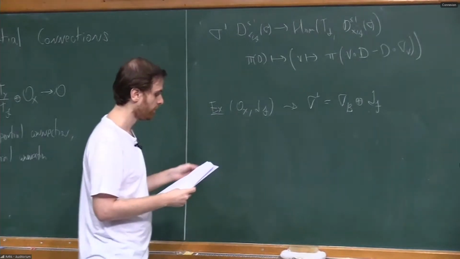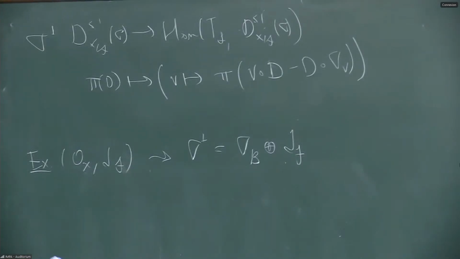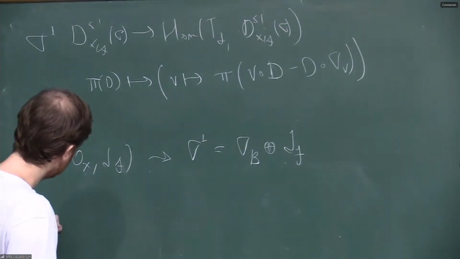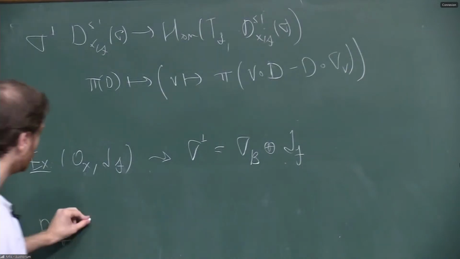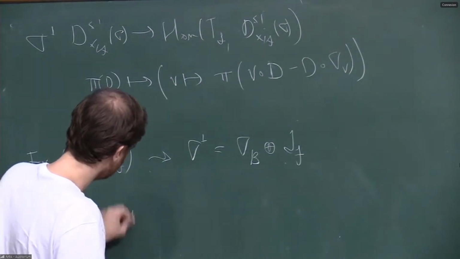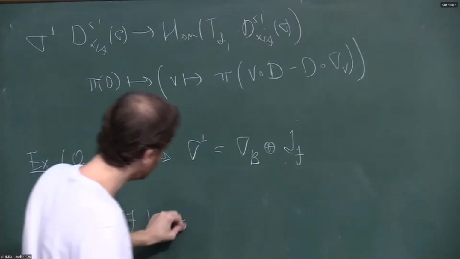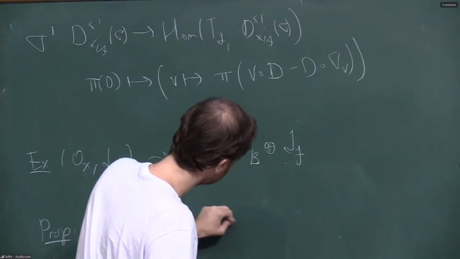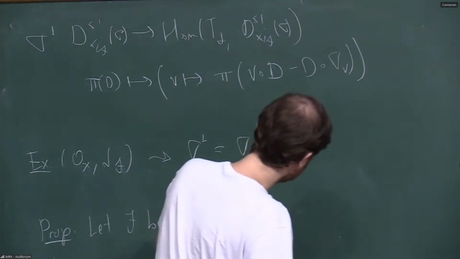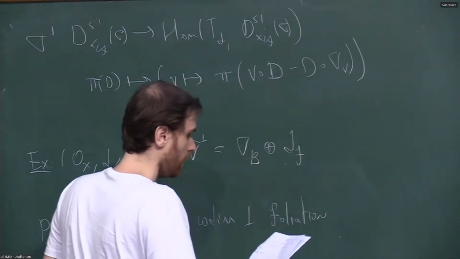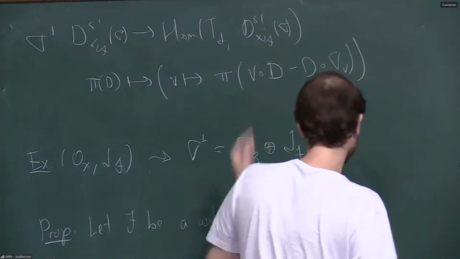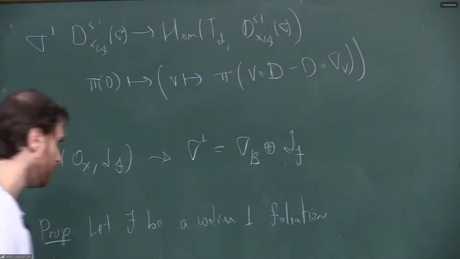Right. And now I will make a proposition that partially answers the question that I asked before. Let F be a codimension 1 foliation on a complex variety as before.